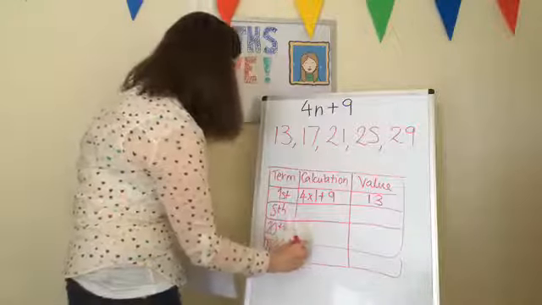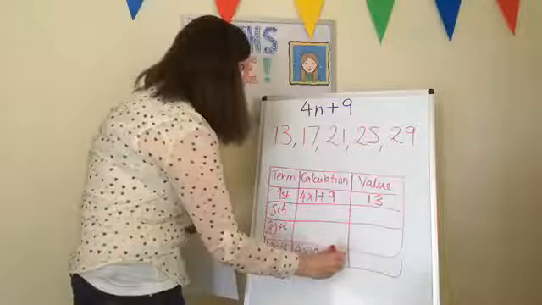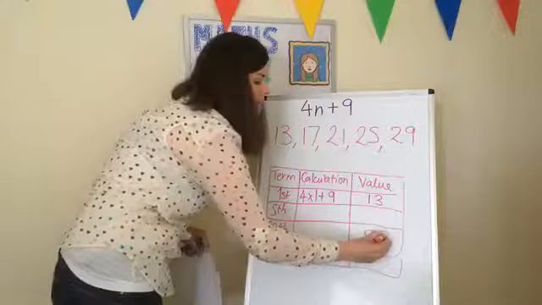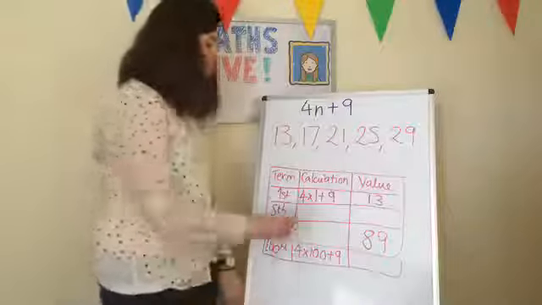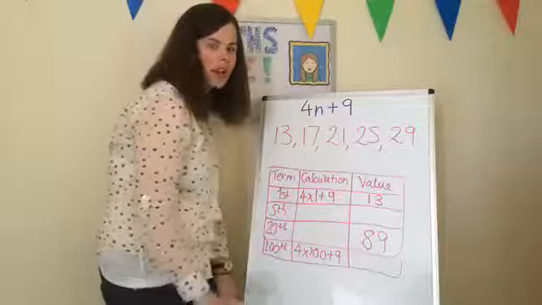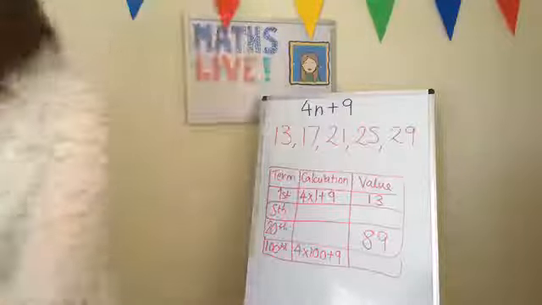So it would be 4 times 100 plus 9. And it told us the answer to this one was 89. So can you try and work out what these missing values are? I'll give you a couple of minutes to have a go, 2 or 3 minutes, but I'll just have a look at some comments.